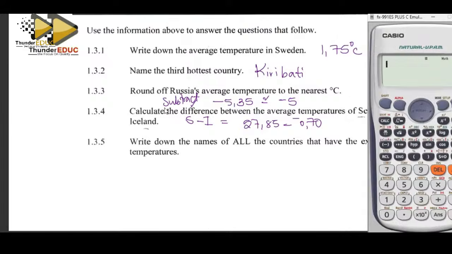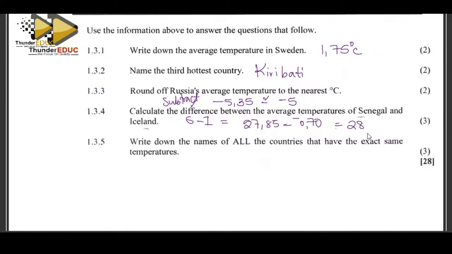When it comes to such a scenario, please don't hesitate, because some people will give you answers that you've never seen before. Minus, then they said minus. Don't worry, we can do that. And the answer became 28.55. Don't forget, these are the degrees that we are looking at.